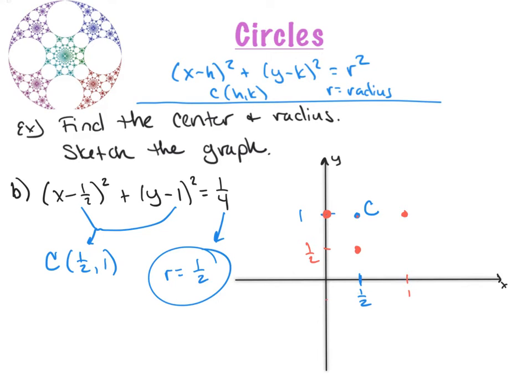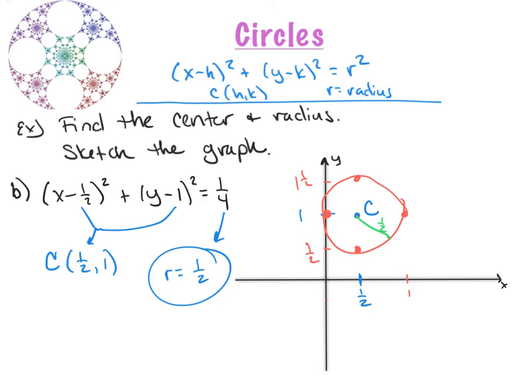And then up will take us to 1.5. Best I can. Better than the last one, I'm going to draw a circle. Cool. Circle. The radius is 1/2, and the center is at 1/2, 1.